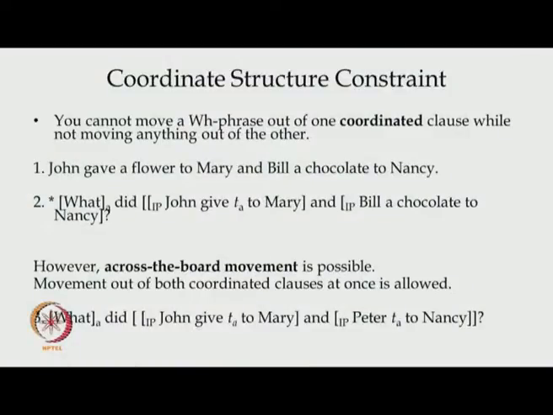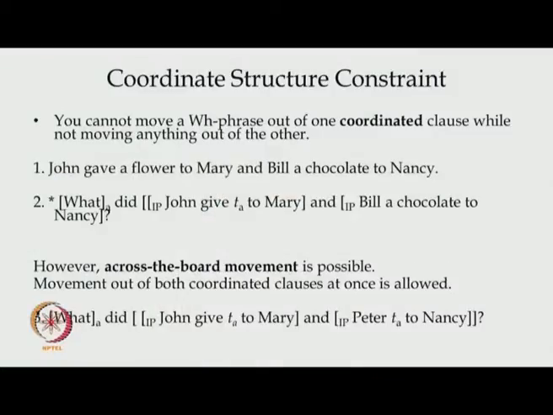In one, John gave a flower to Mary and Bill a chocolate to Nancy. What's the verb in this sentence? Gave, right? And then what's the coordinated clause? A flower to Mary and a chocolate to Nancy.